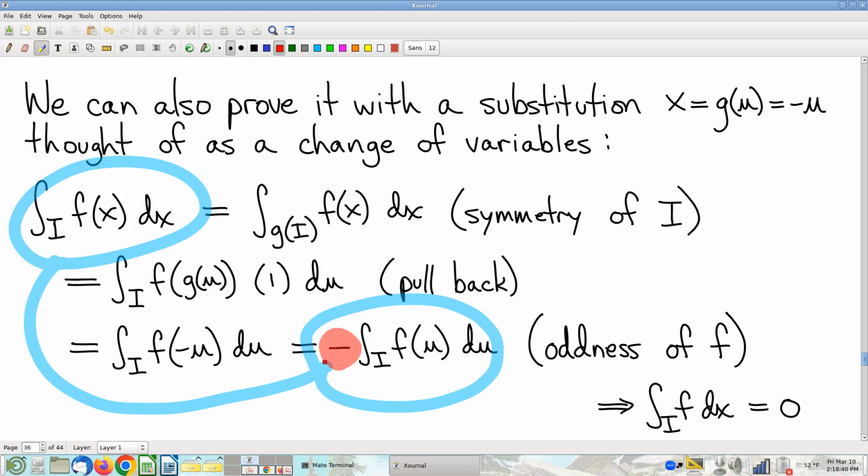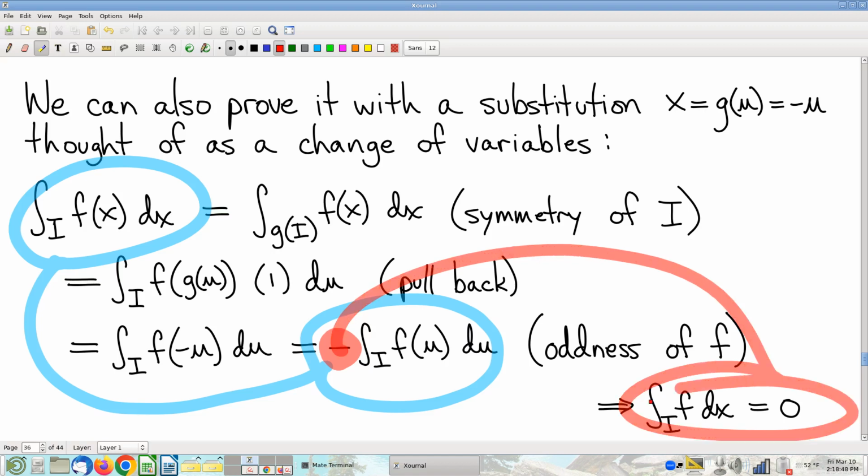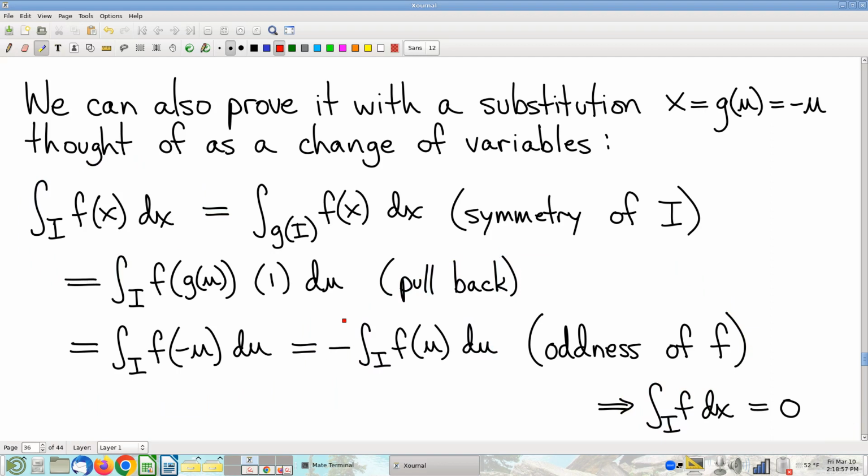And what, therefore, could this integral possibly be? What is the only real number that is its own negative? It's 0. So, integral 0. Different point of view using change of variables. Which is why we talk about this in the section on change of variables. Is everybody on board?